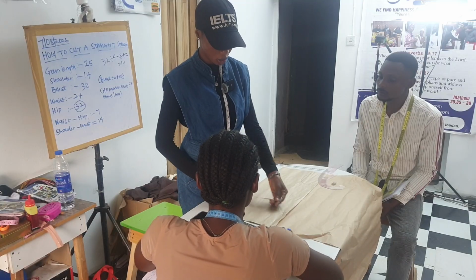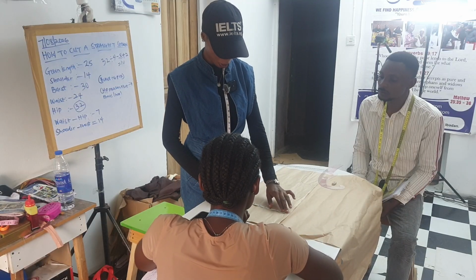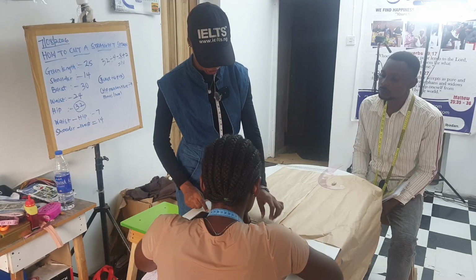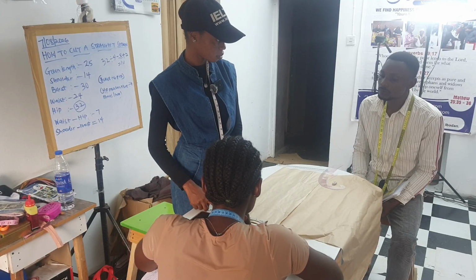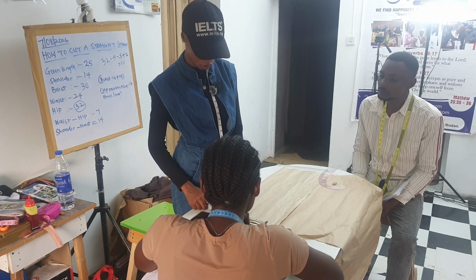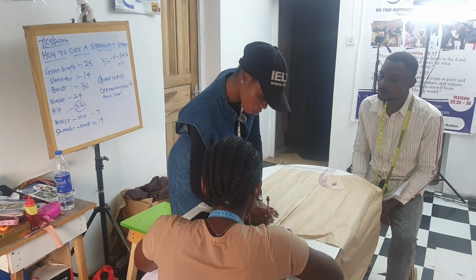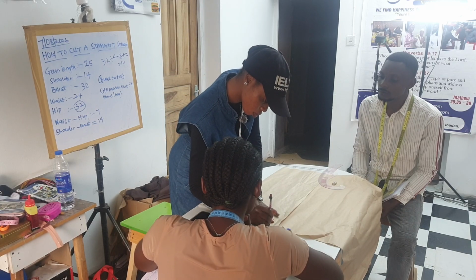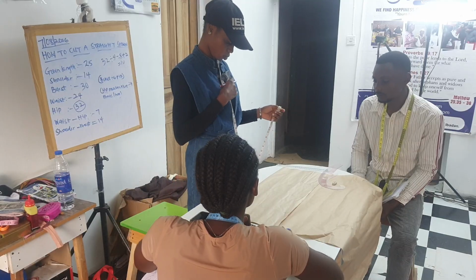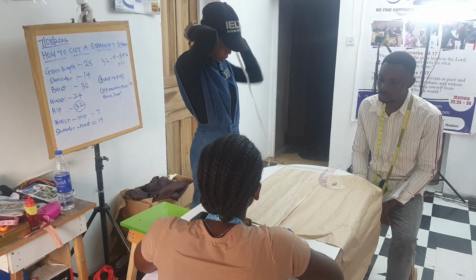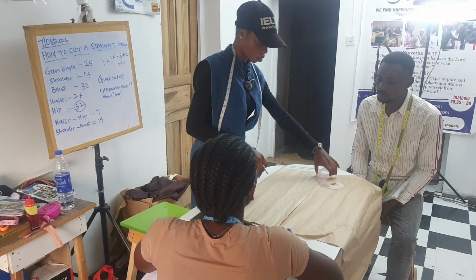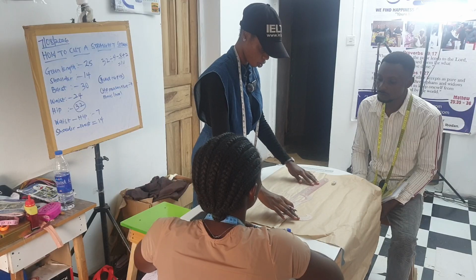So for the sake of this class, we have 9.5 here, so I'll be putting 8.5 here. Do you understand? I removed 1 inch from it. Then you connect with your curve ruler.